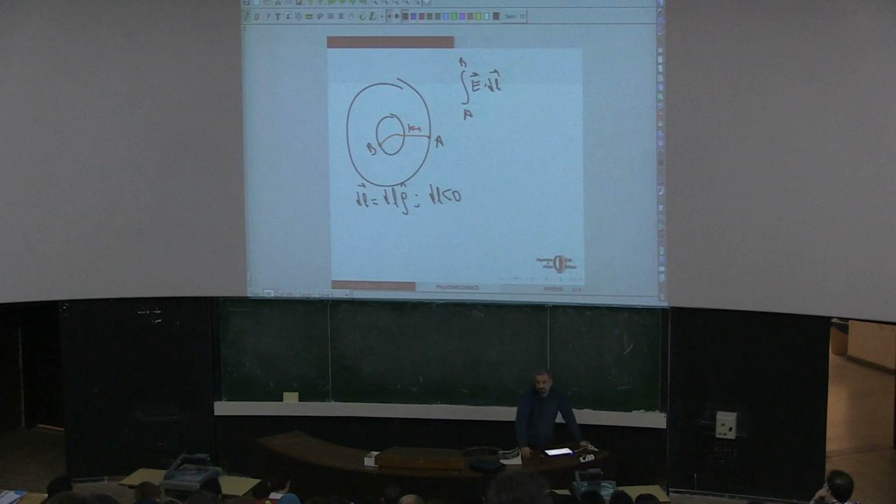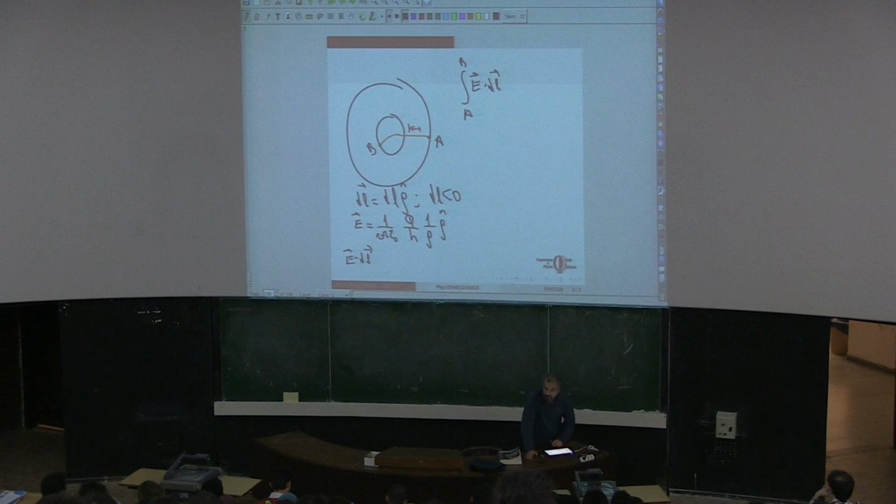dl is less than 0. Now the electric field is 1 over 2 pi epsilon 0 q over h 1 over rho in the rho hat direction. So we already know E dot dl, which is 1 over 2 pi epsilon 0 q over h 1 over rho, times dl.